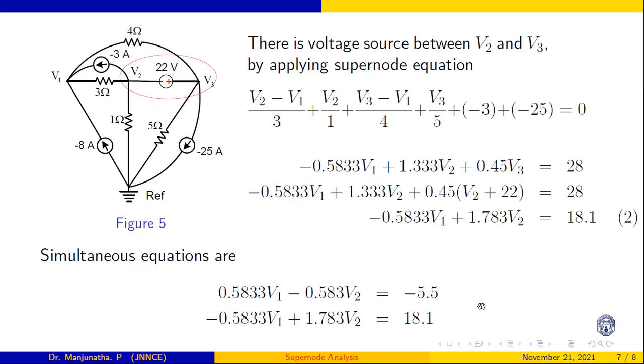Coming to the voltage source between V2 and V3, now I have to write the KCL by combining these two nodes.